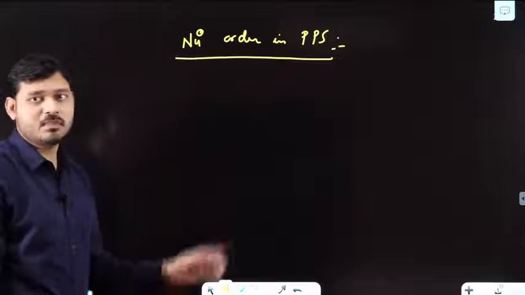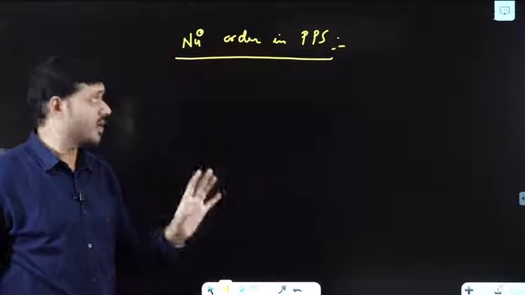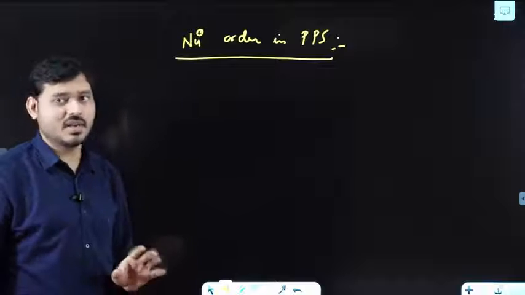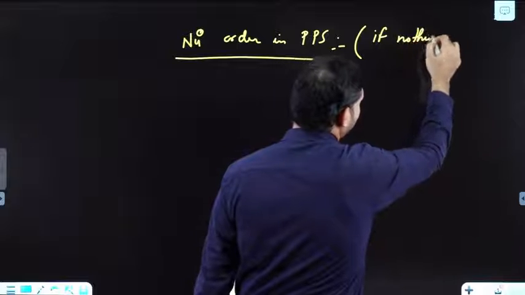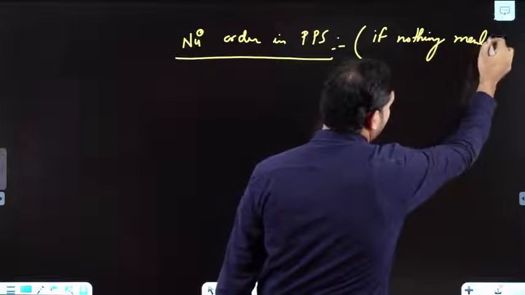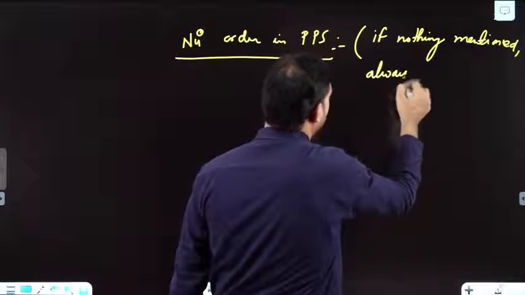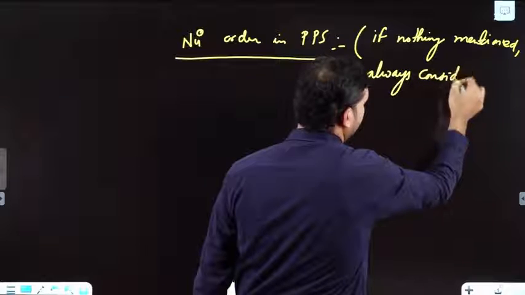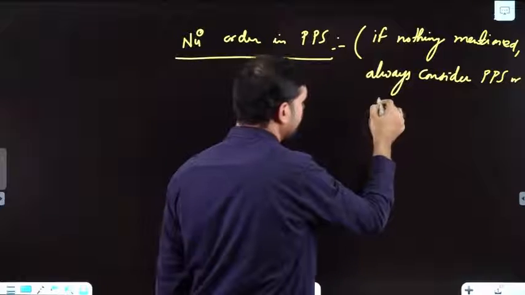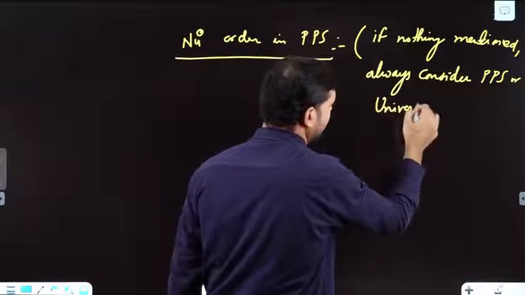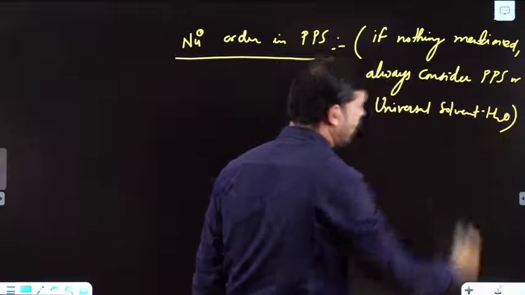I told you in polar aprotic solvent, nucleophilicity and basicity go side by side, in the same order. Now in polar protic solvent, as I told you, if nothing is mentioned, always consider polar protic solvent, the universal solvent, water.